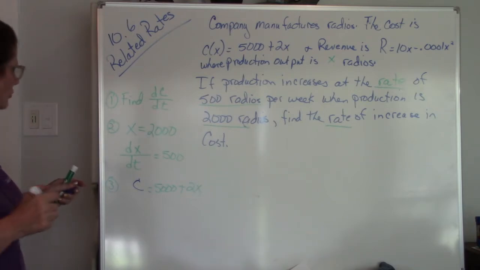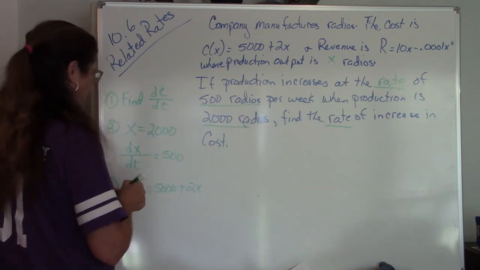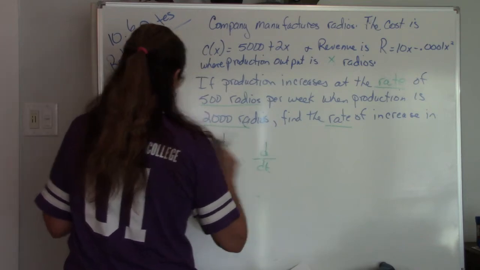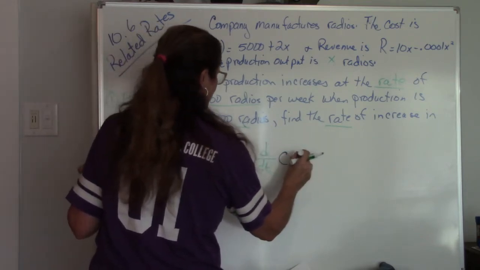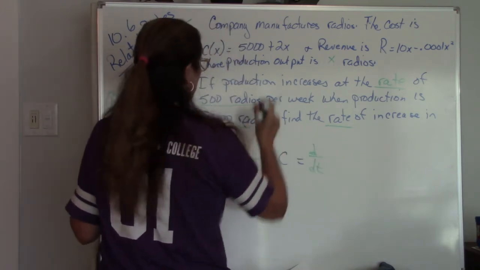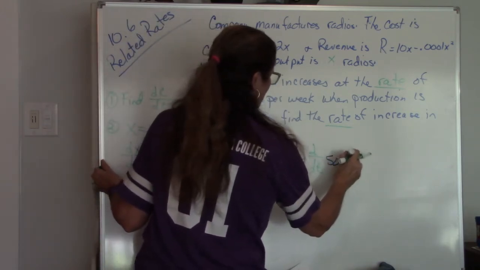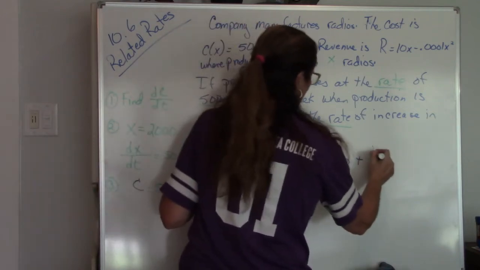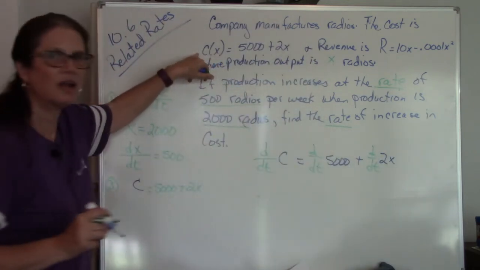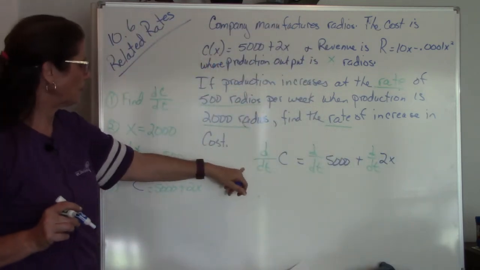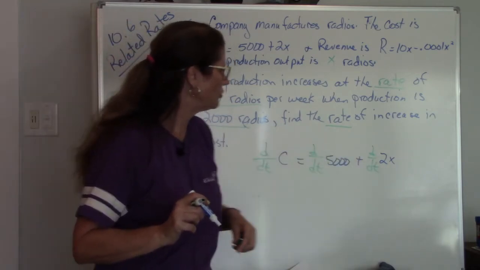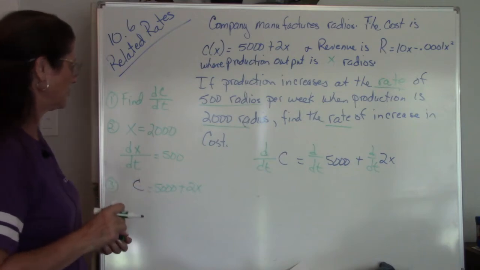So we are going to find the derivative in terms of time of the cost, and then the derivative in terms of time of 5,000, and then the derivative in terms of time of 2x. I'm just using my cost function. That's all I'm using. Here's my implicit differentiation.